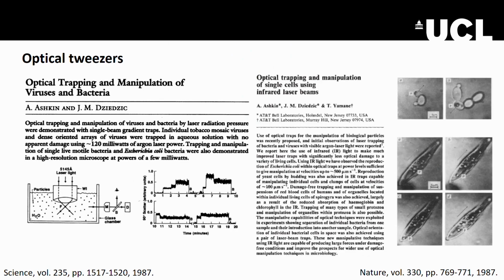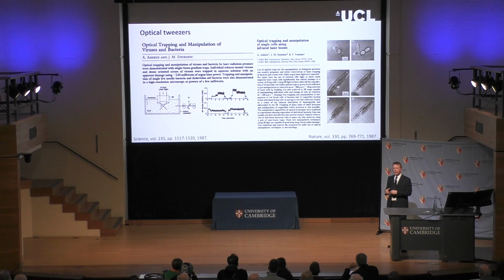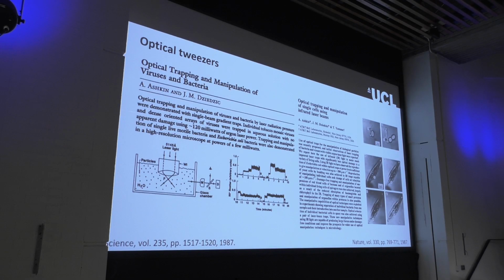They could still swim, and they could still reproduce. The key was being very careful about the laser he used, selecting the right wavelength. It turns out that infrared light is absorbed relatively weakly, and so biological material, bacteria, cells, and indeed subcellular structures, as he showed in this paper, could be manipulated in the optical tweezers.